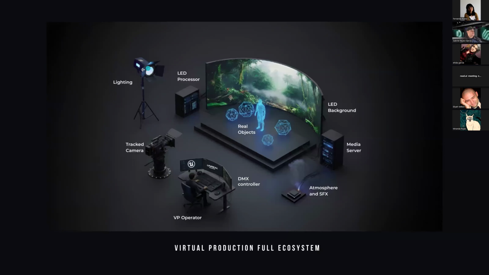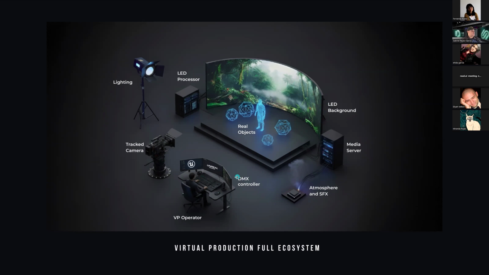Another element, of course, is the practical lighting that you will have there, and the practical atmosphere and special effects. I mean like fog, haze, rain, maybe practical fire in the foreground, or snow, etc. And we will discuss why we should be able to match the practical atmosphere effects with the virtual atmosphere effects.